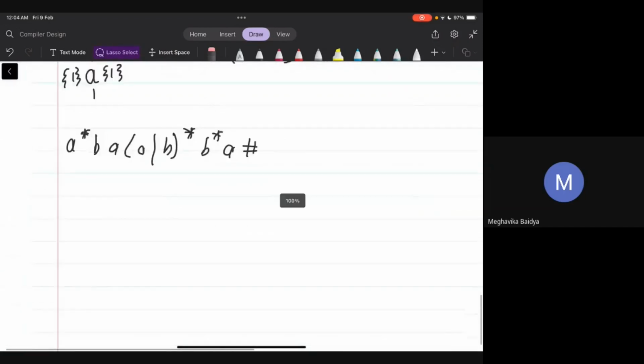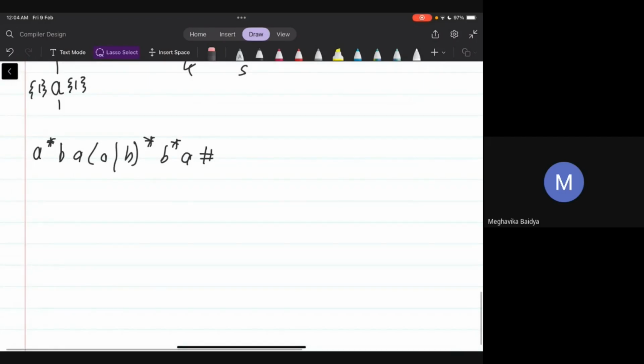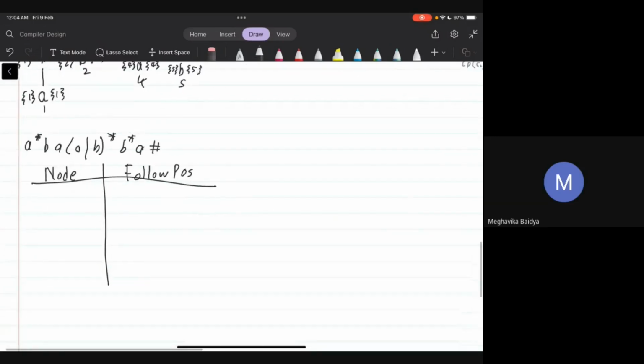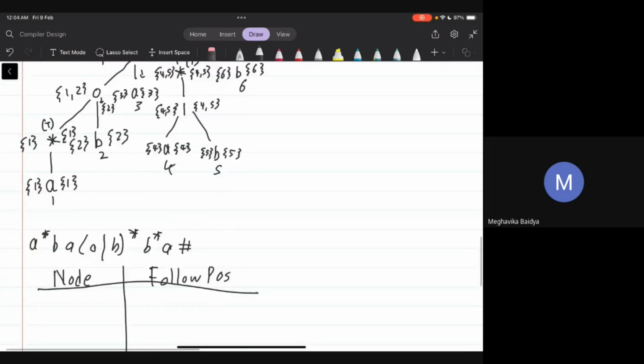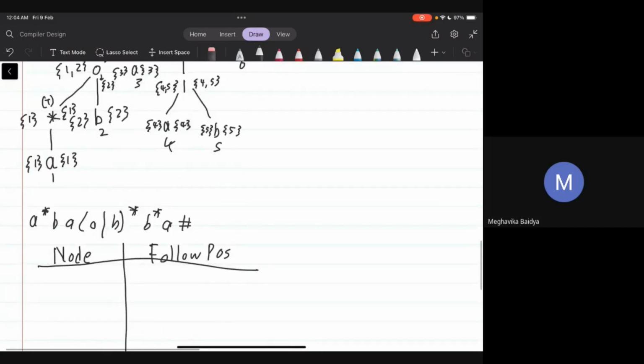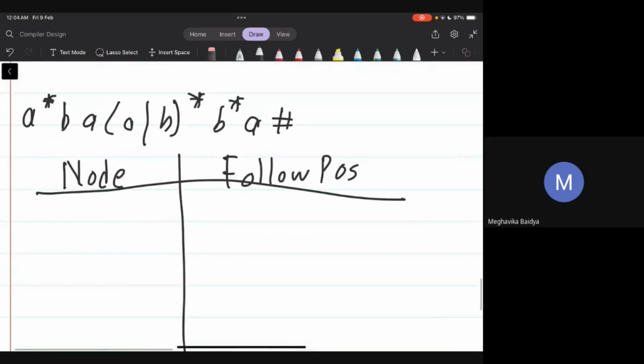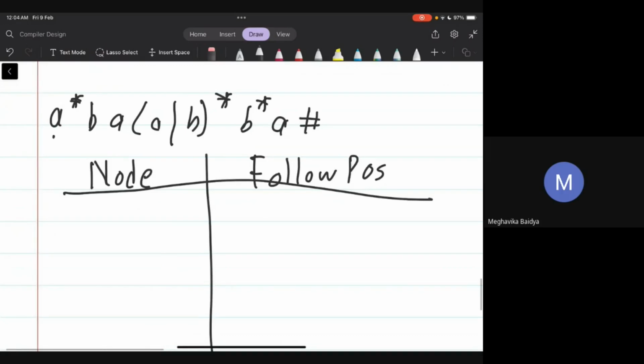Then you write a table for the node, followed by follow pos. Let's number the nodes here as well so it's easier for us. So this is one, two, three, four, five, six, seven, eight.